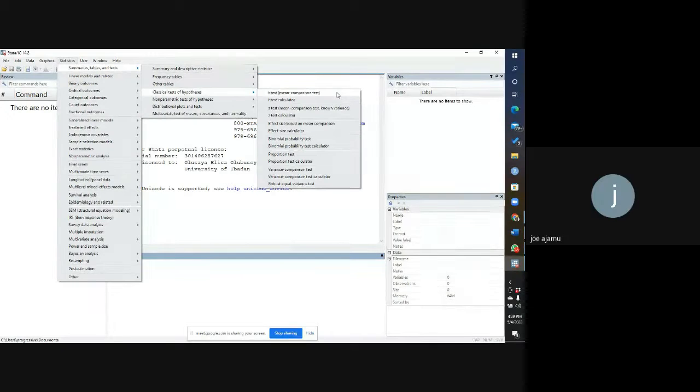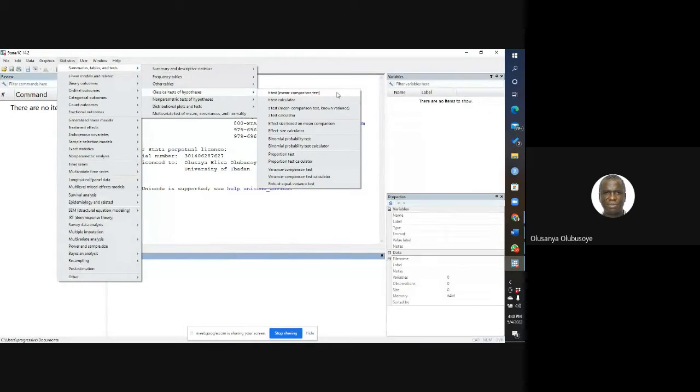Okay, Prof, if I may get you clearly, in this case now that we are using Z test? No, we are using T test. We are using T for this exercise.